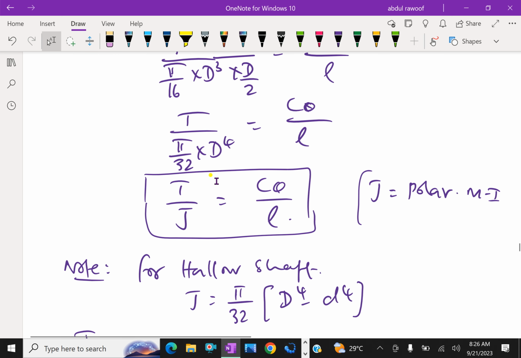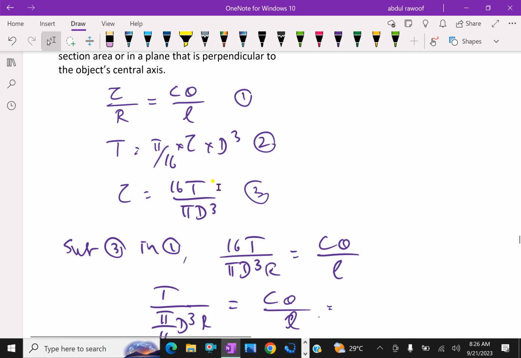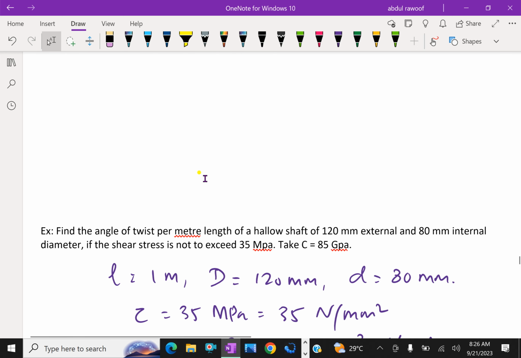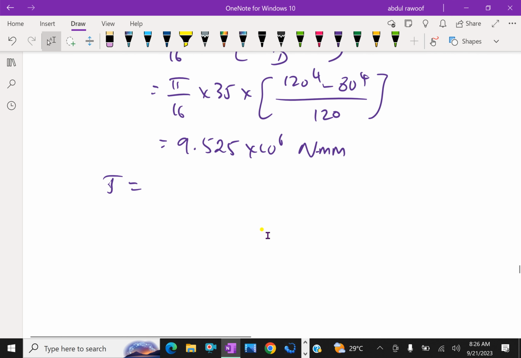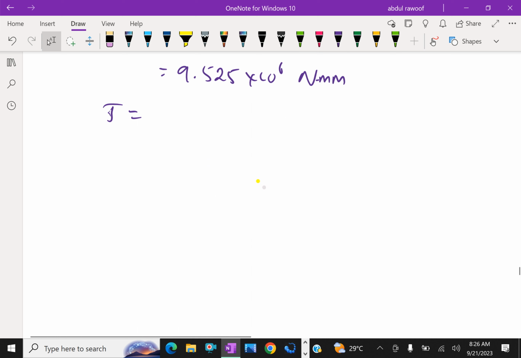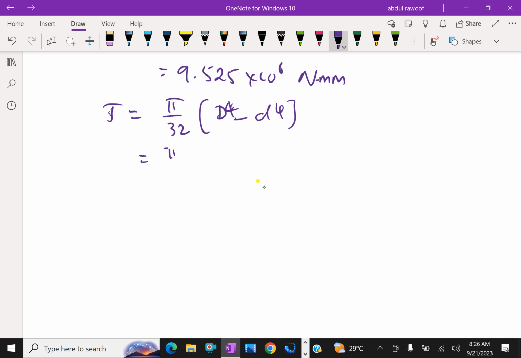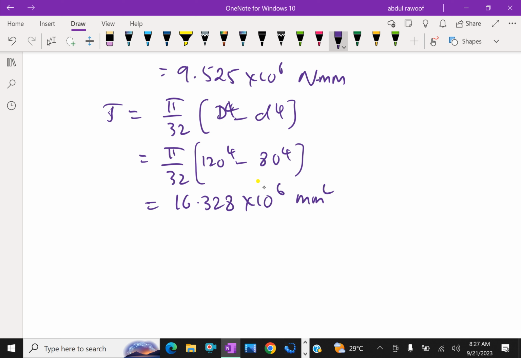J equals the formula pi by 32 into D power 4 minus d power 4, equal to pi by 32 into 120 power 4 minus 80 power 4, which is equal to 16.328 into 10 power 6 mm power 4.